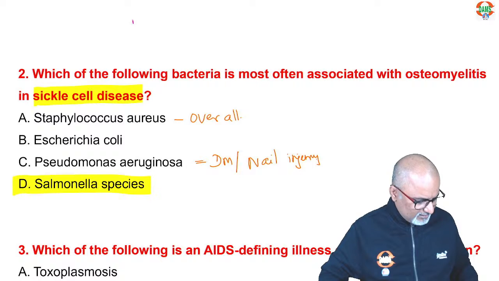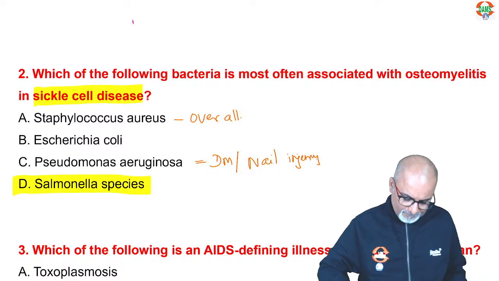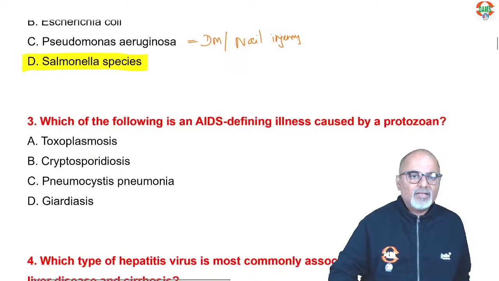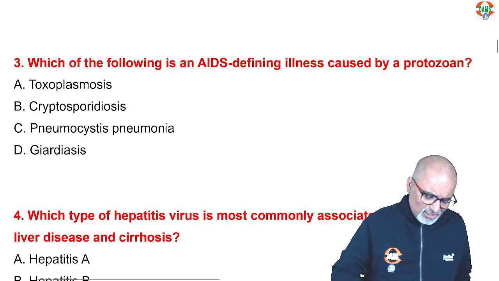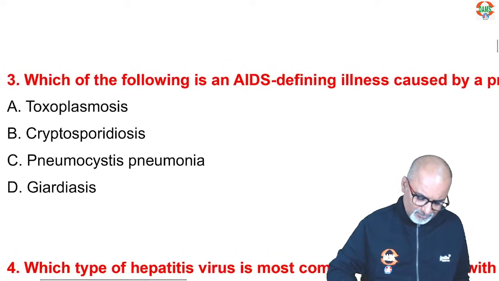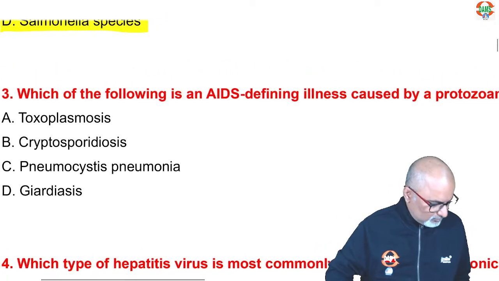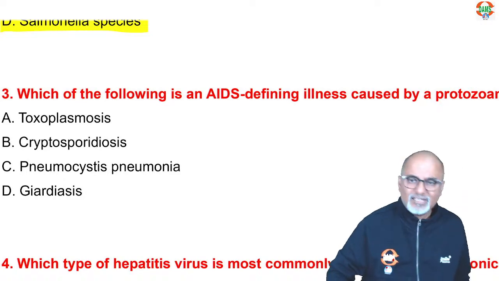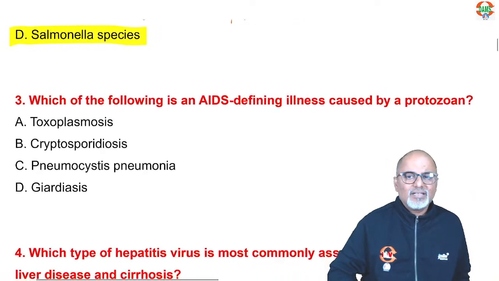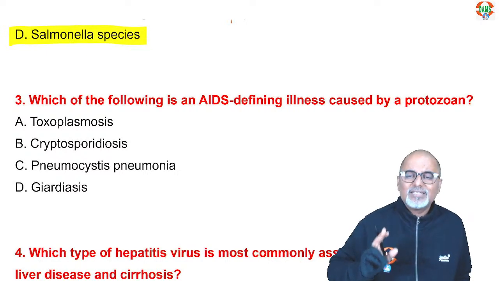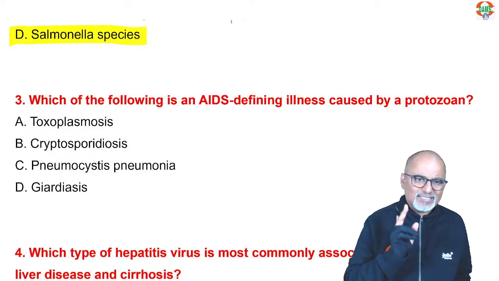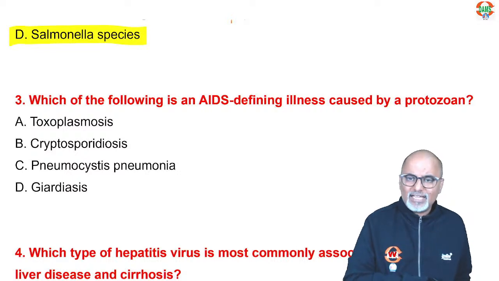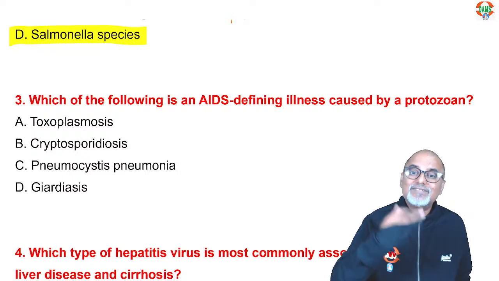Okay. Next is, which of the following is an AIDS defining illness caused by protozoan? What is called AIDS defining illness? Please remember, if this infection is present, you can suspect HIV and do HIV testing.